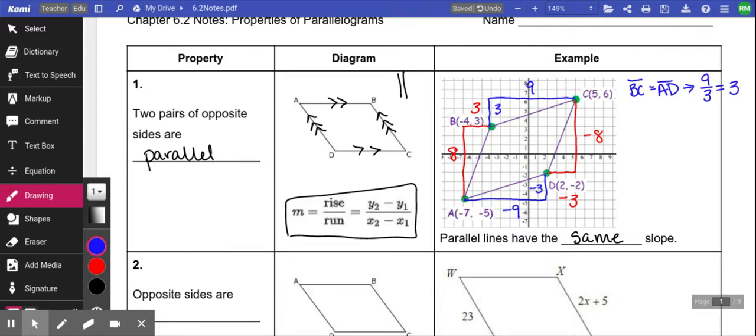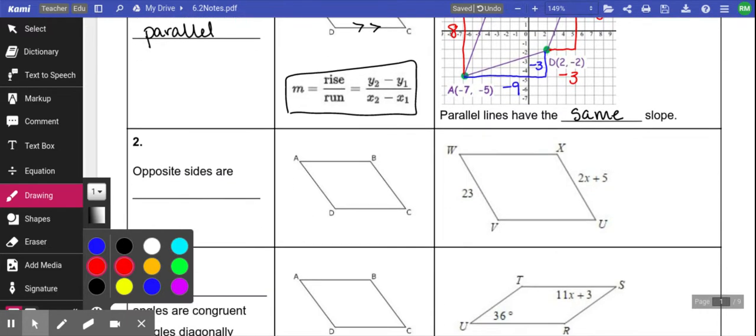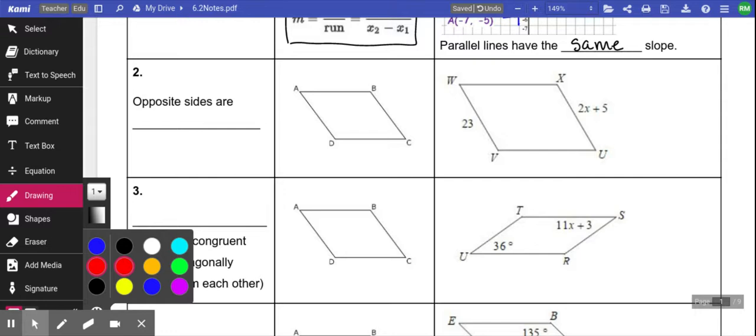Okay, and the slope of the red lines, BA and CD, equal 8/3. So both have the same slope, which means that those lines are parallel, and we could say that this is a parallelogram. Okay, moving on to the next property.